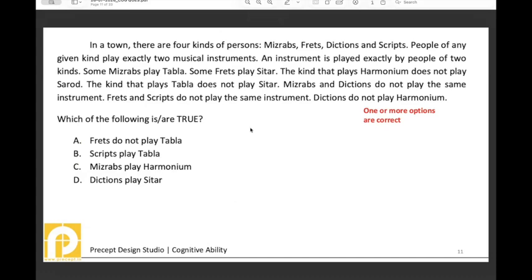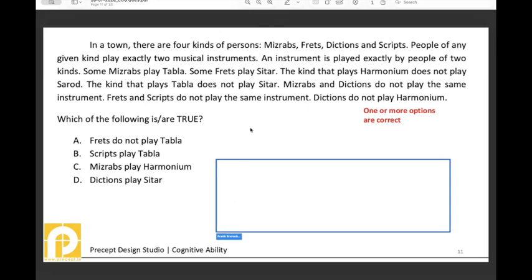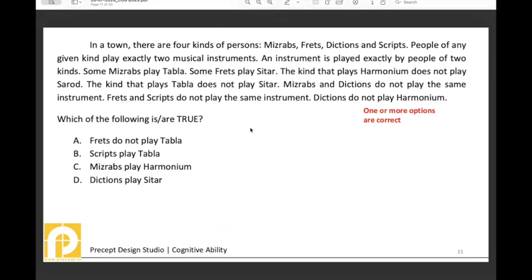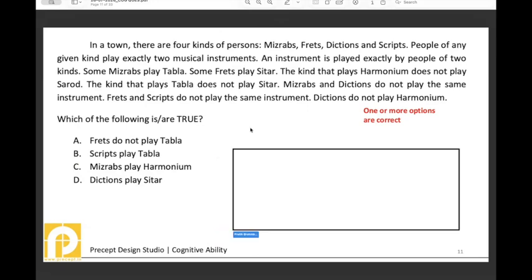In a town, there are 4 kinds of person: misrabs, frets, dictions, and scripts. People of any given kind can play exactly 2 instruments. An instrument is played by exactly 2 kinds.